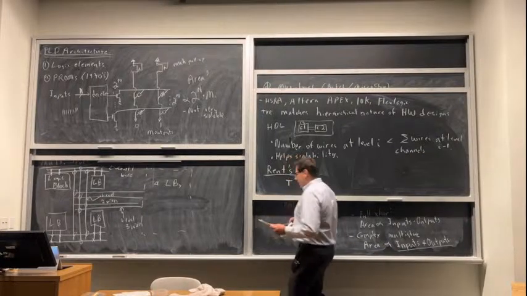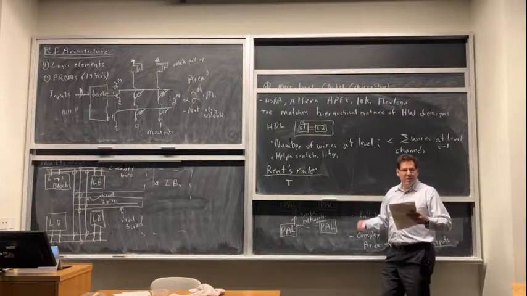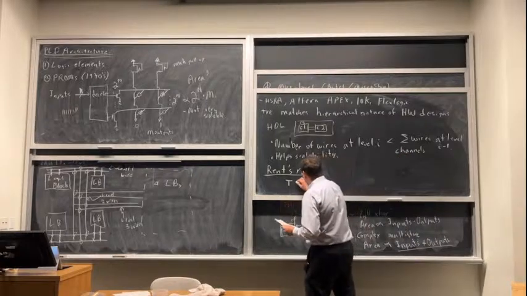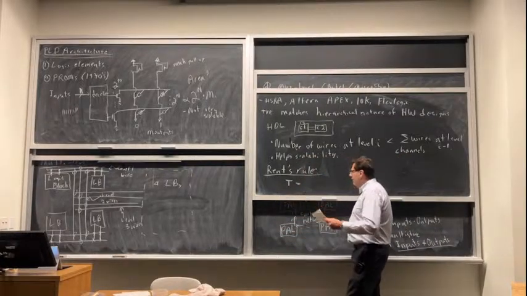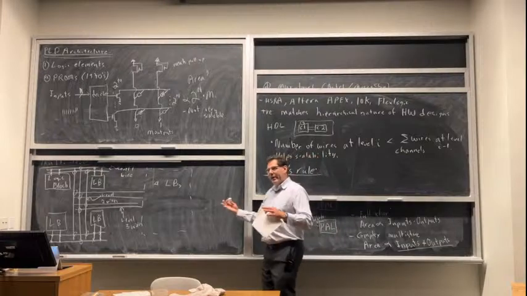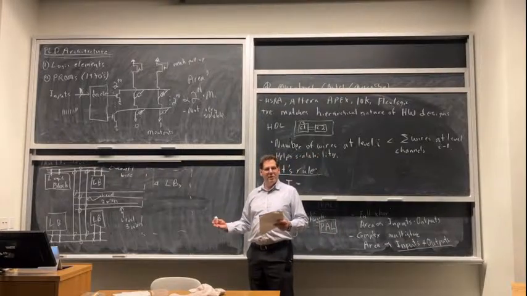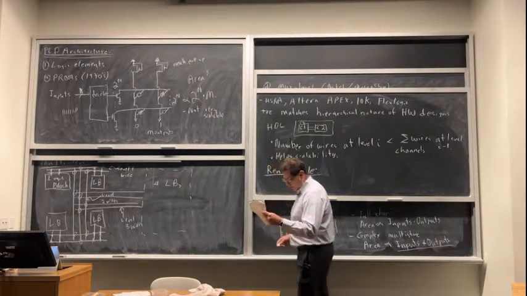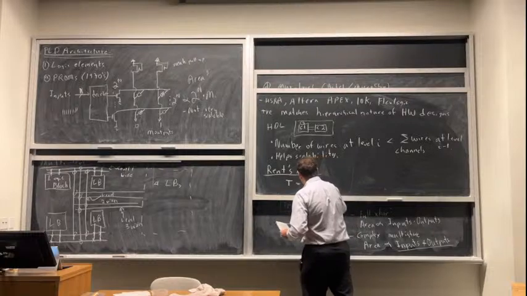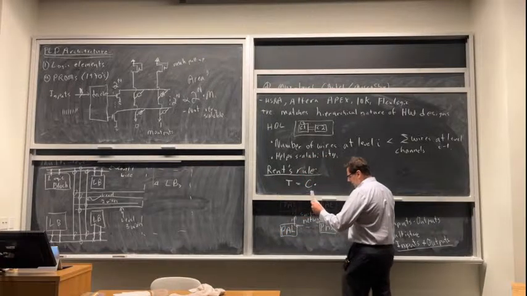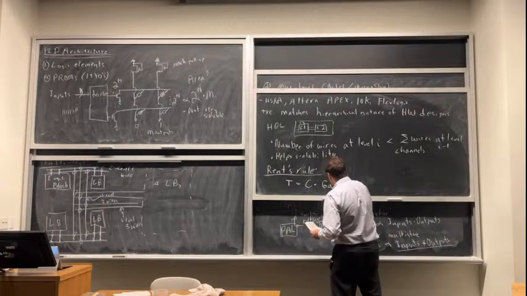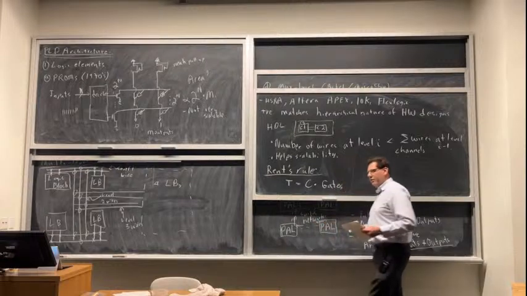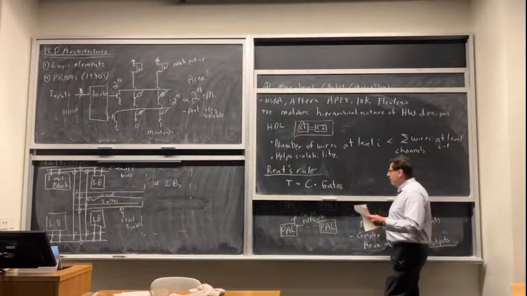Okay, so it's a rule that he empirically observed: the number of terminals, so the number of inputs plus outputs, things going in and out of some component, is equal to some constant times the amount of logic in that component, so the gates, to some exponent p.